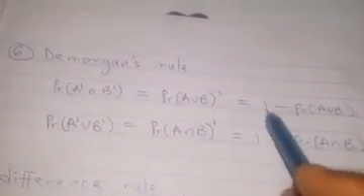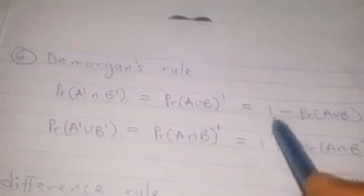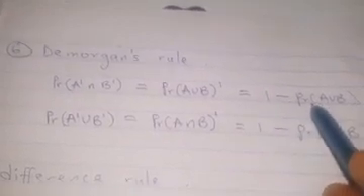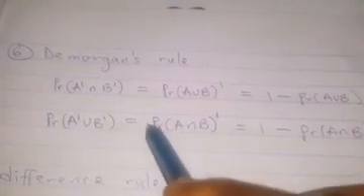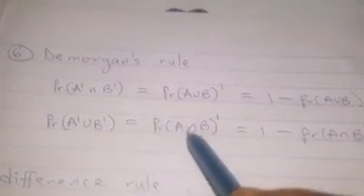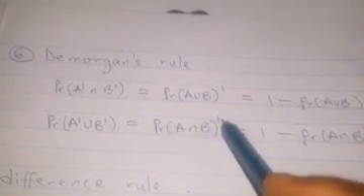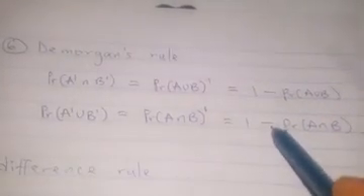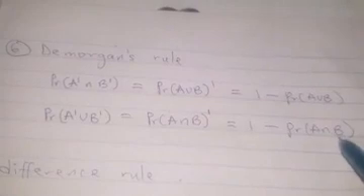Intersection becomes union. The probability of A union B complement also means 1 minus the probability of A union B. Remember, the probability that an event occurred is equal to 1 minus the probability that the event did not occur. In the same way, the probability of A complement union B complement is equal to the probability of A intersection B complement, which also means 1 minus the probability of A intersection B. That's De Morgan's rule.